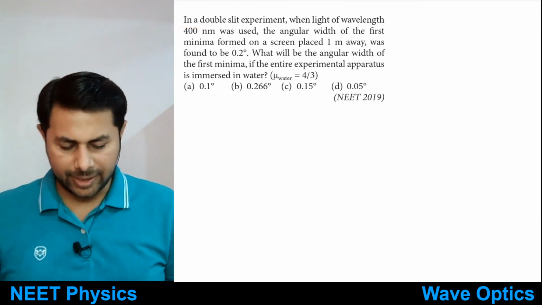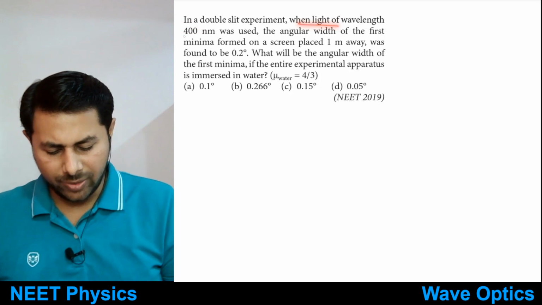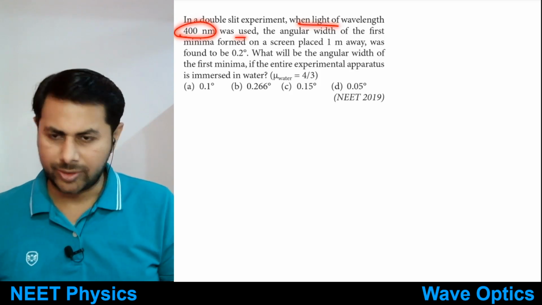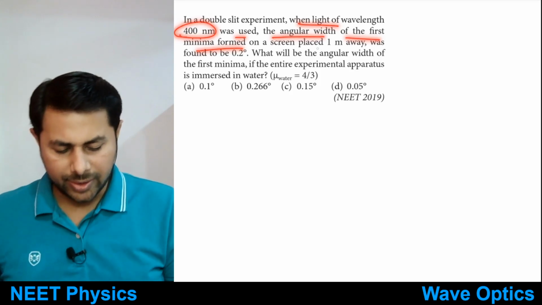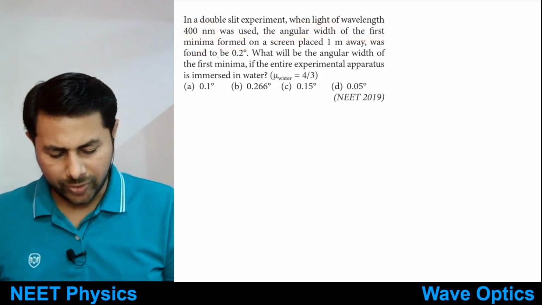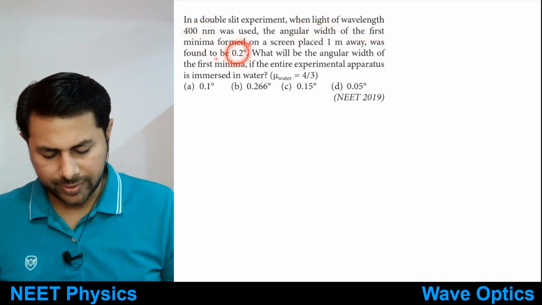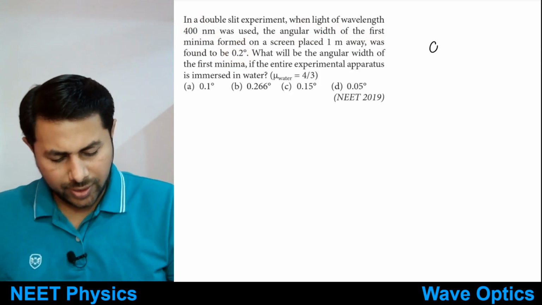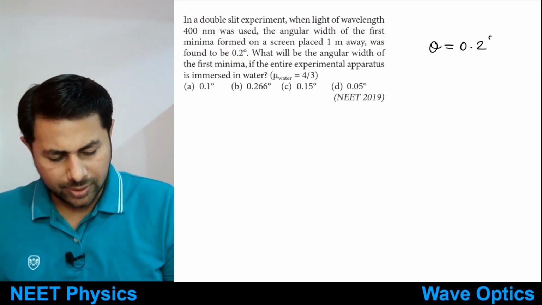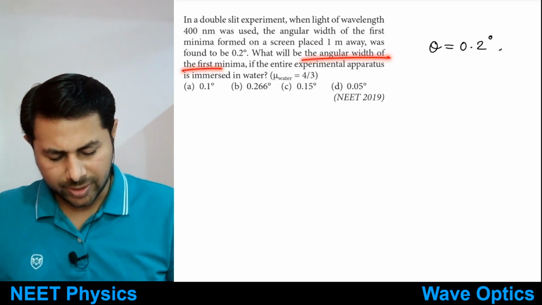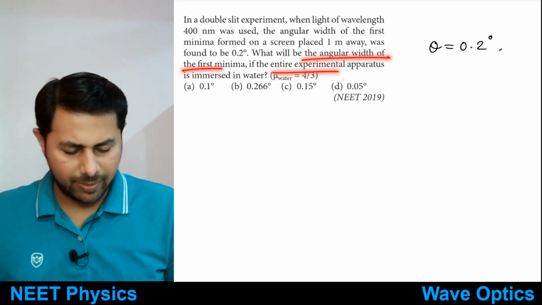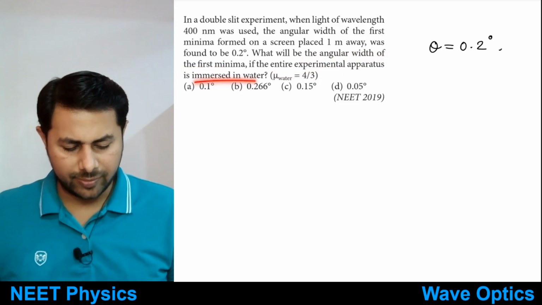All right, good. Let's see next one. In a double slit experiment, when light of wavelength 400 nanometer was used, the angular width of first minima formed on the screen placed 1 meter away was found to be 0.2 degrees. Okay, so theta is equal to 0.2 degrees. What will be the angular width of the first minima if the entire apparatus is immersed in water?